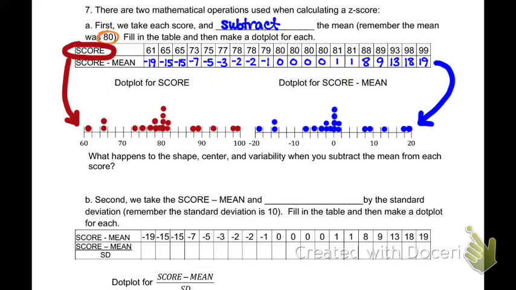As you look at these two dot plots, just from a visual perspective, what's different about them? Shape looks exactly the same, right? Yeah. I'm going to write that down. Shape stayed the same.